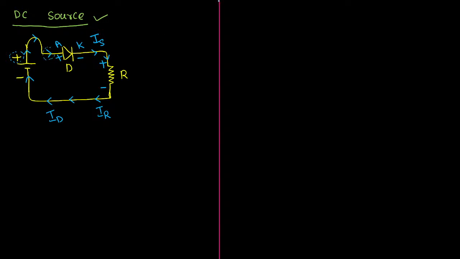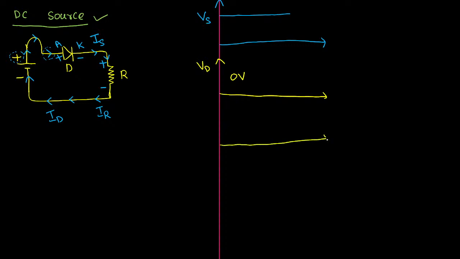So let us draw the waveform from t equal to 0 onwards. The supply voltage we are injecting is a DC supply. Now if I observe the property of the diode, across the diode you will not observe anything. The diode will simply be short circuited, so the voltage drop across the diode will become 0. Why, sir? Because the diode will turn on.